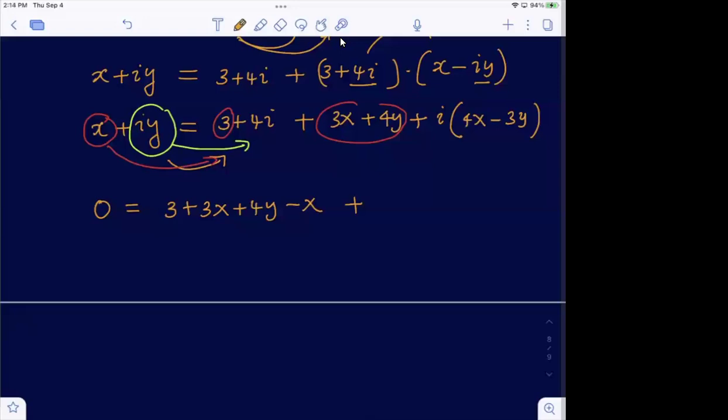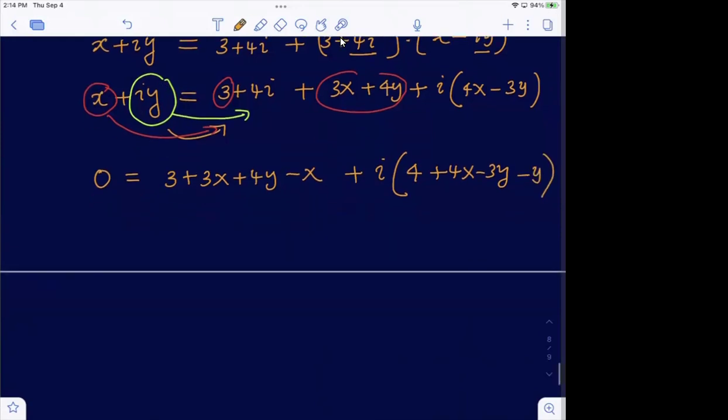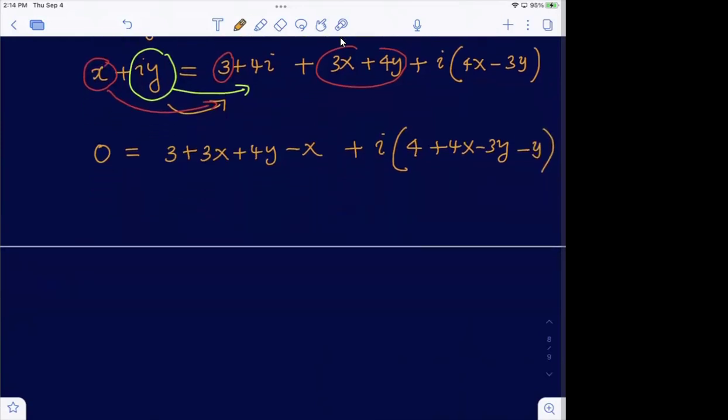Now let's put that together. i times 4x minus 3y, and then this term comes to the left or to the right, and it will be negative y. Now each term can be simplified.